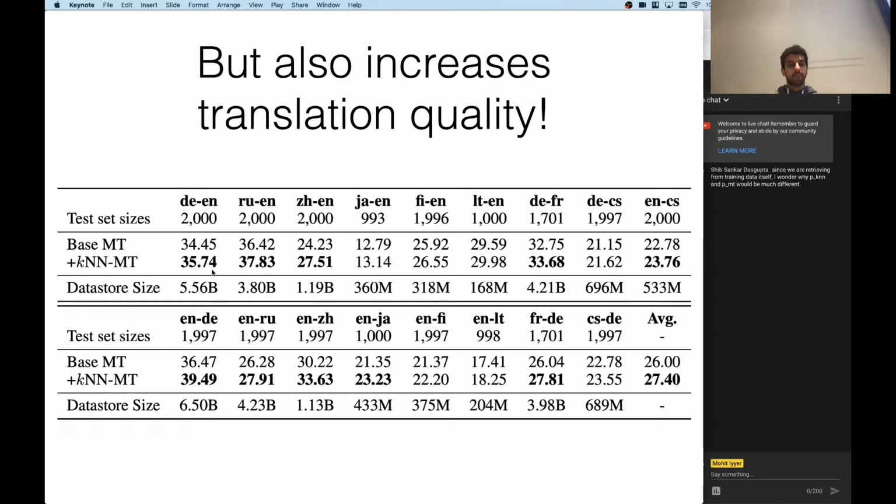The improvements are not huge, but for some languages they're quite substantial, like Chinese to English, for example. It's over 3 BLEU points. And you can see the data store size here too. For some of these, like English to German, we have a data store of 6.5 billion items, which is enormous.